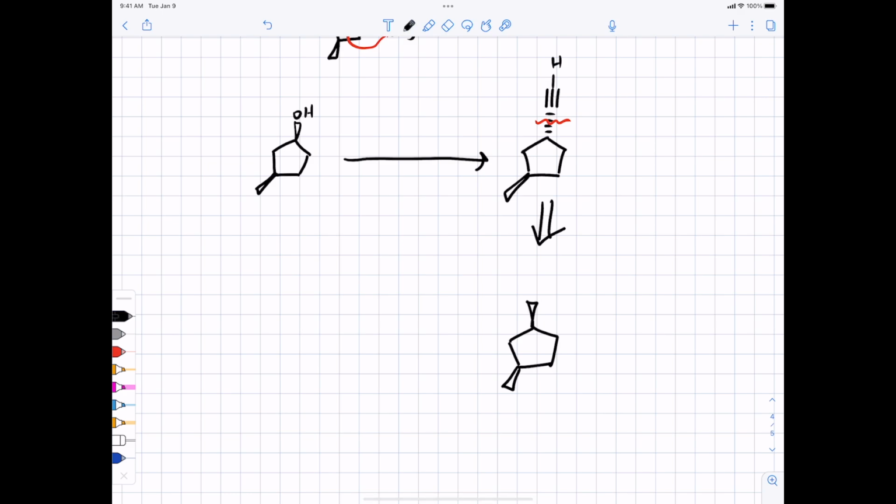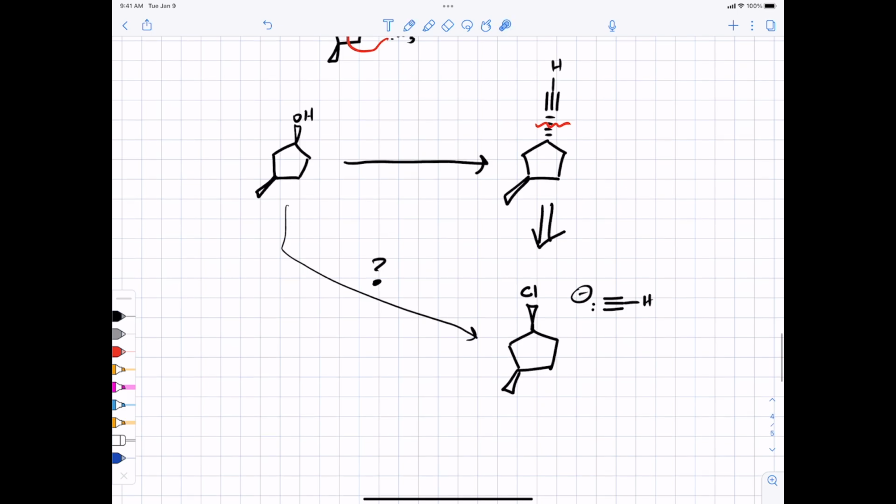And I'm imagining that if I could start with something like that and use this as a nucleophile, maybe I could do that reaction. But how am I going to get from here to there with the right stereochemistry? Go ahead. Okay, I could use SOCl2. Would that give me correct stereochemistry there?